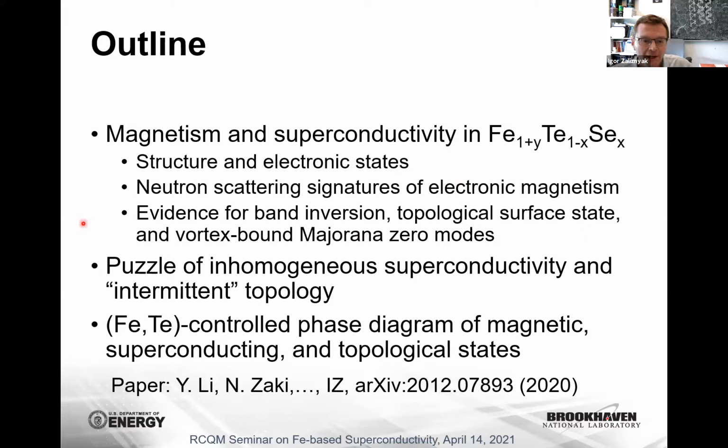This sets up the main problem that we have addressed in this work, which is the puzzle of inhomogeneous superconductivity and topological properties observed in the iron chalcogenides recently by STM studies, and our resolution of that puzzle in the form of an iron and tellurium composition controlled phase diagram of different magnetic, superconducting and topological phases that we have discovered in this material series.